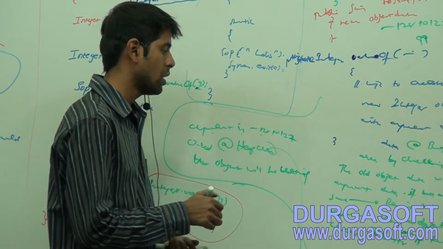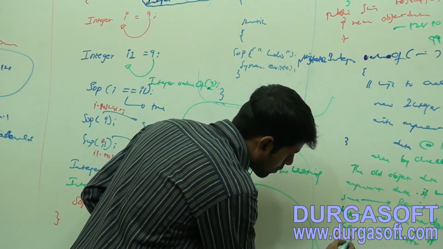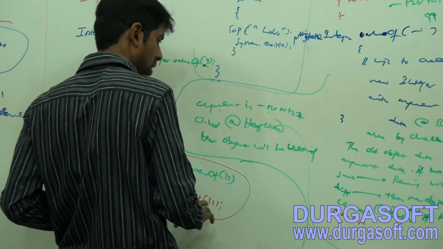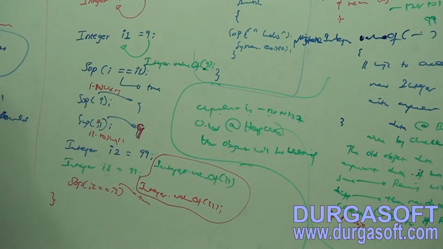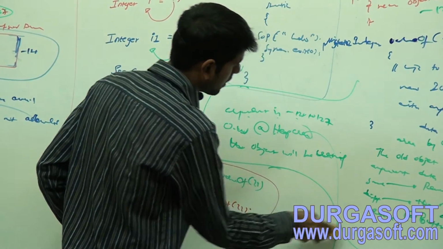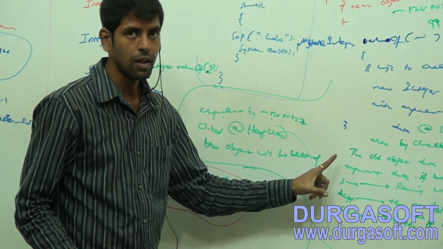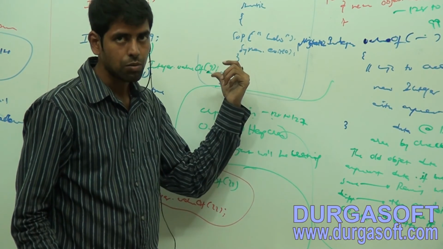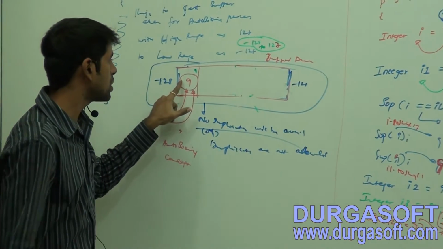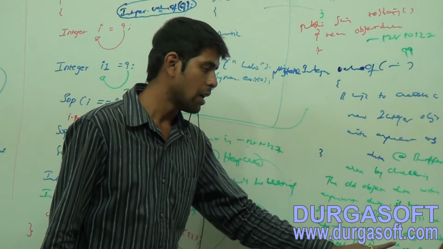Let it be different itself, friends. Think that if it is the same, it will reuse the object. Now the argument data is 99, and this object's data is 9. Both are different, so this condition will be satisfied.